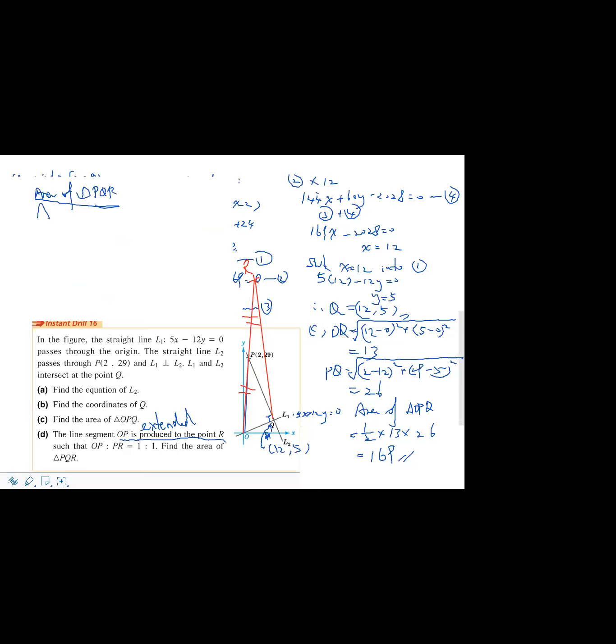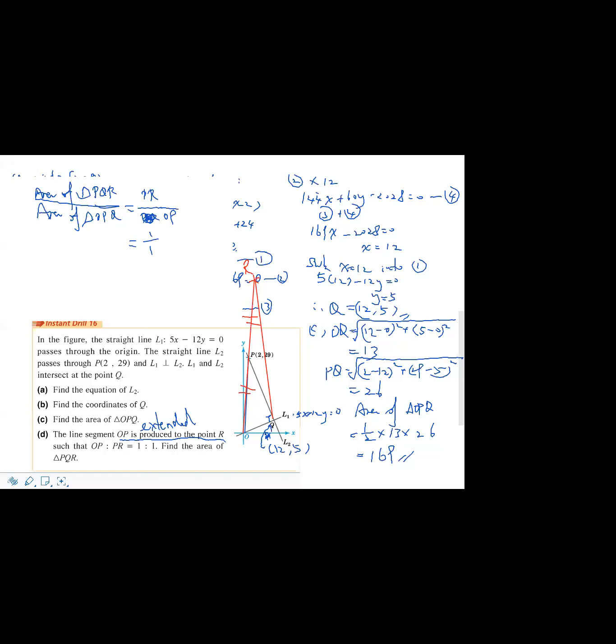Area of triangle PQR over area of triangle OPQ should be equal to the ratio of their base. That is PR over PQ. That is equal to 1 over 1. Sorry, this should be OP. PR over OP. My fault, sorry.